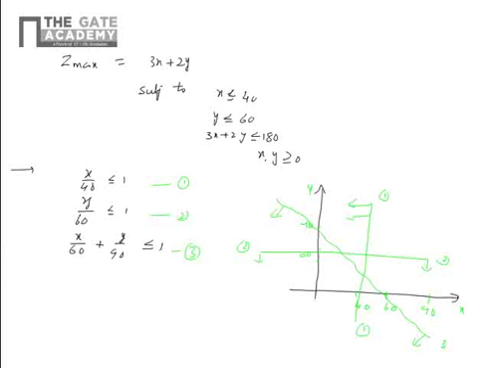This is the third constraint. The region which is common to all these three is the feasible region, and the corner points A, B, C, D, E are all feasible solutions.